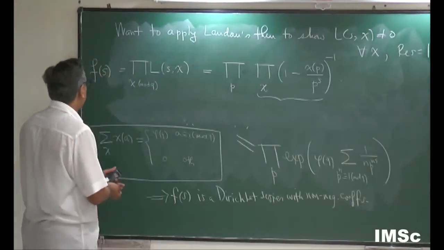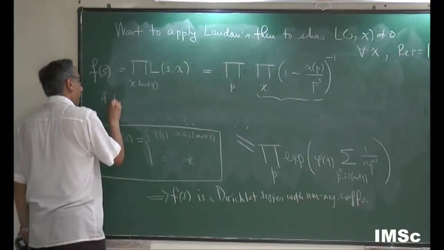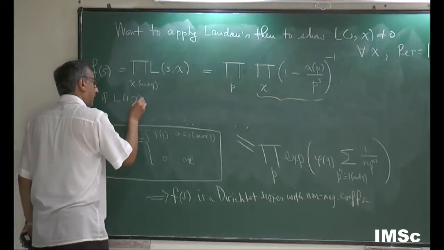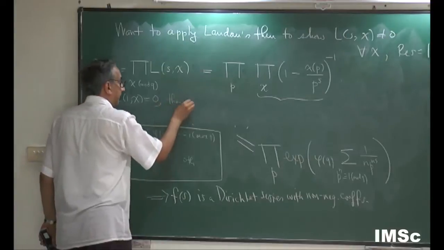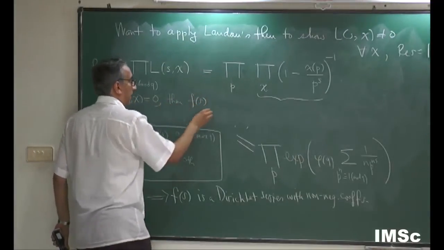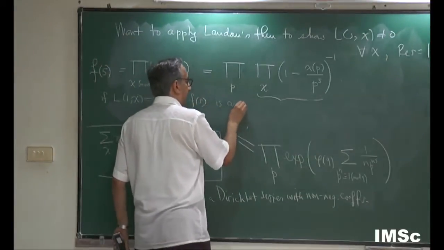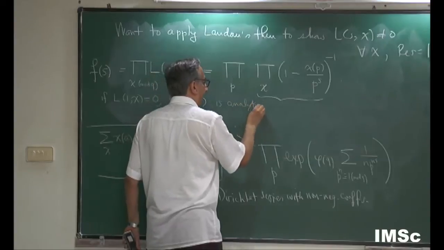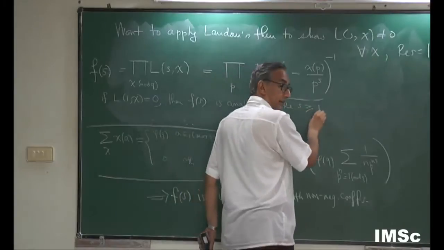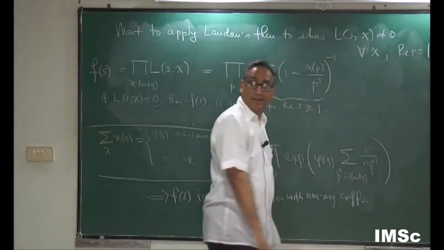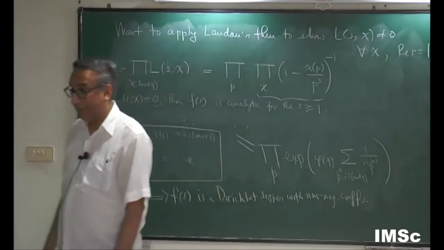So if L(1, chi) equals 0, then f(s) is analytic for real part of s greater than or equal to 1. The pole got eliminated, right?